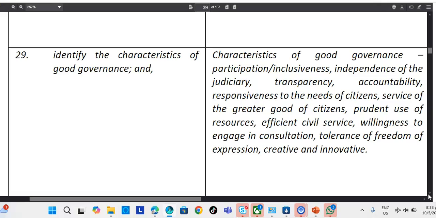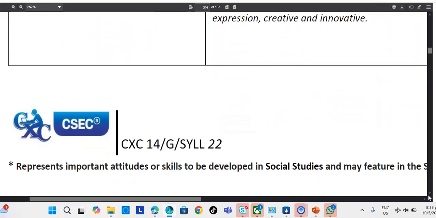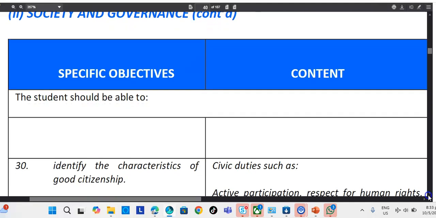Good government has an efficient civil service. They have a willingness to engage in consultation, tolerance of freedom of expression, creativity, and innovation. And good government has an independent judiciary and is very participative. They're inclusive in what is happening within the country.